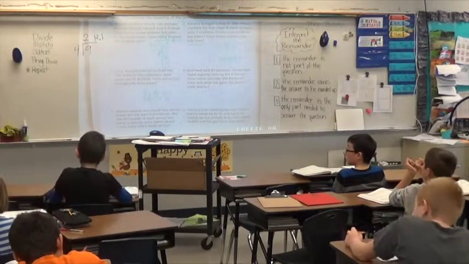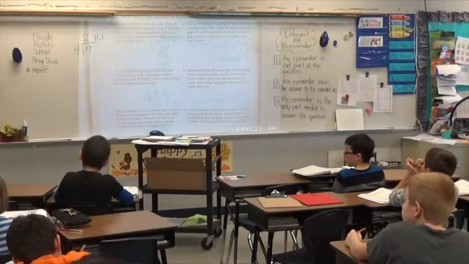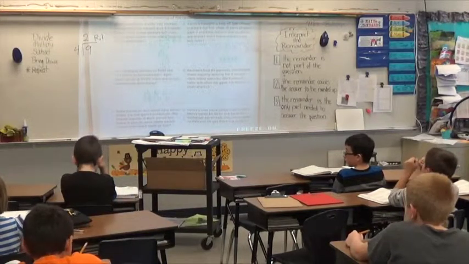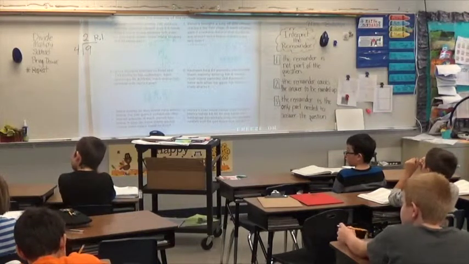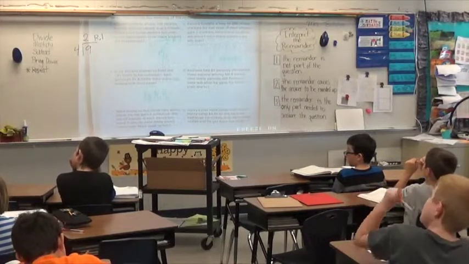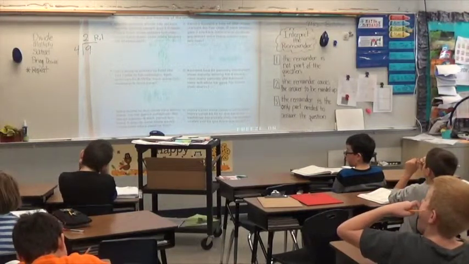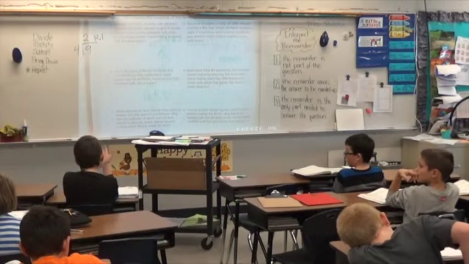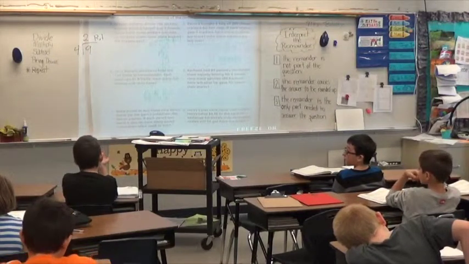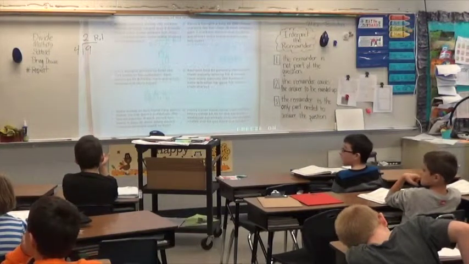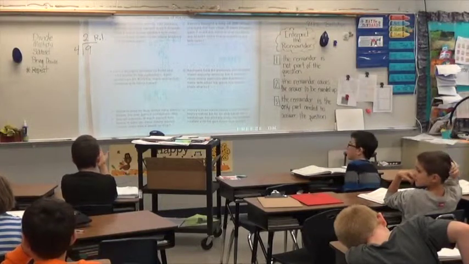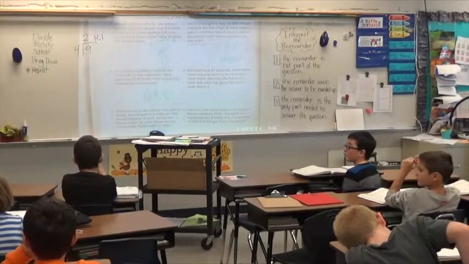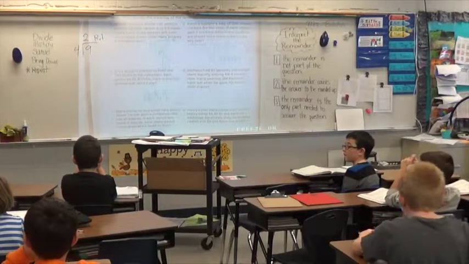Because it says how many full shelves you have. Okay, so the remainder causes it to be rounded up. So if I have 4 left over, then that can fill a whole other shelf. Can that fill a whole shelf? How much does one shelf fit? 8. Okay, so is 4 going to fill a whole shelf?